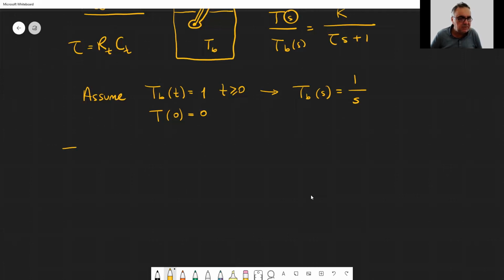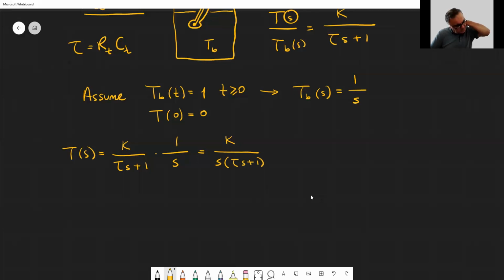So the T of S from the above equation is K over tau S plus 1 times 1 over S, which is TB of S. So we can write this as K over S times tau S plus 1.